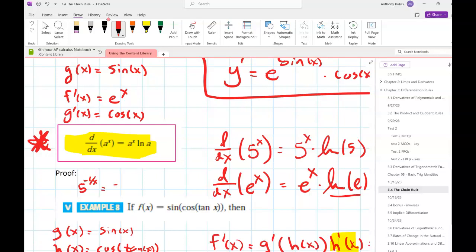I think they probably would have expected you to think about it this way, and use your exponent rules to kind of wiggle your way through it. But this is a chain rule. 3-4 is the chain rule section. So you could have done it using the chain rule also. I think that should give you the same thing.